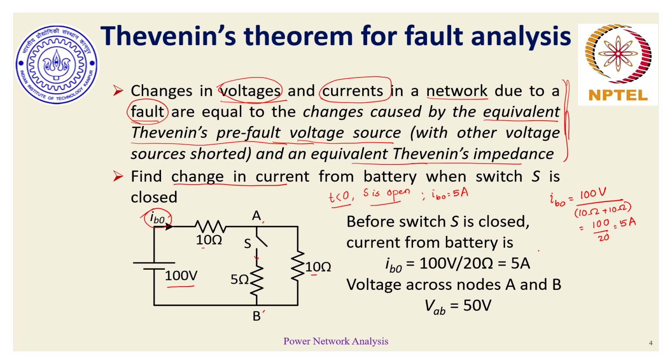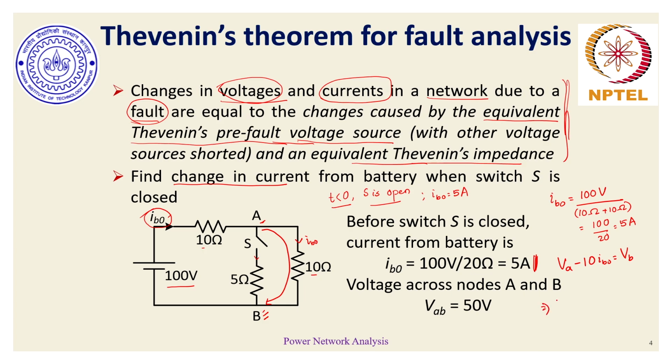So before the switch is closed, 5 ampere is the source current, and to find the potential difference between node A and B, VA minus VB, I can apply KVL between A and B. Going along the direction of flow of current, IB0 flows over here, I have a voltage drop of 10 IB0, and finally I reach point B, which is VB.